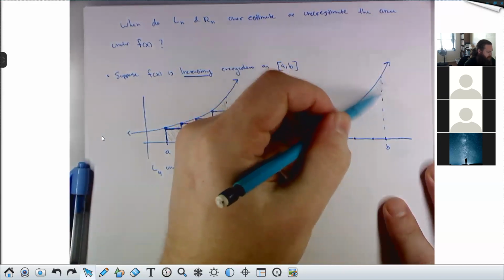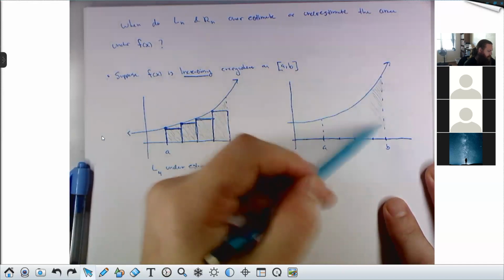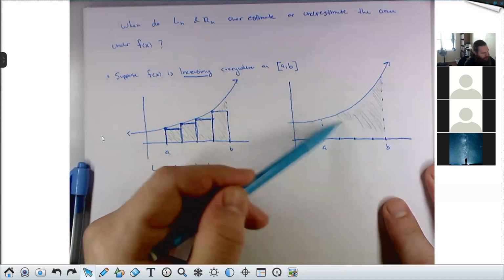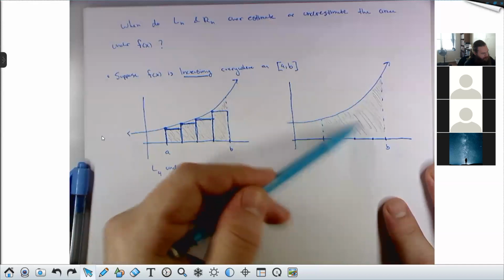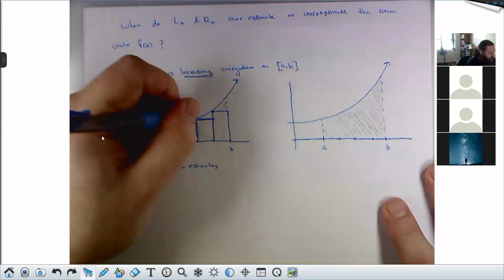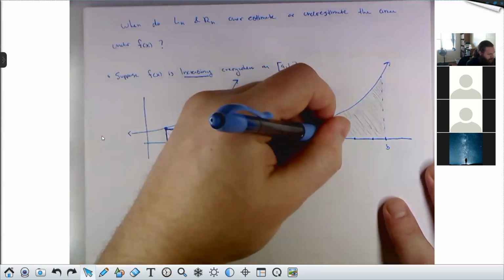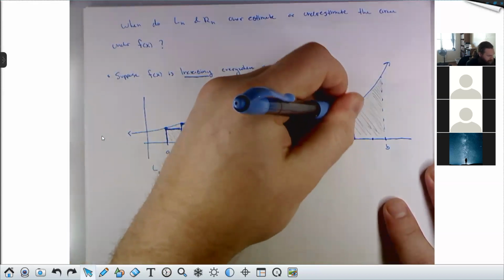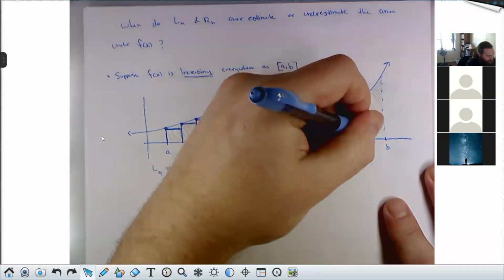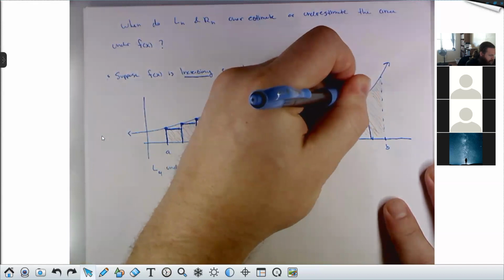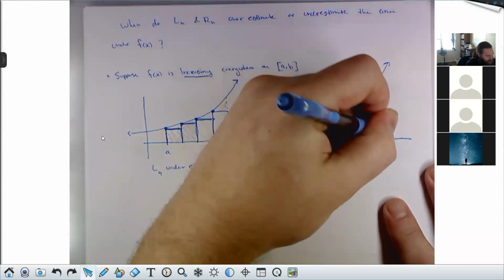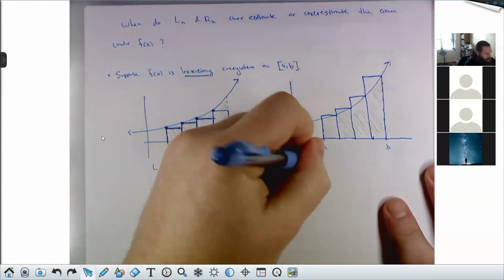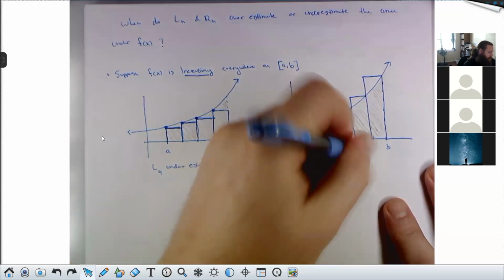Because the function is increasing, getting bigger from left to right, if I let the height of my rectangles be determined by the value at the right endpoint, I will automatically overestimate. R4 overestimates.